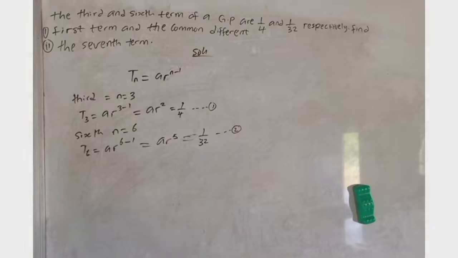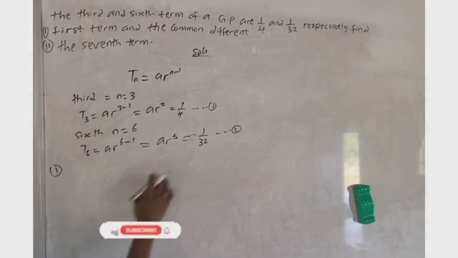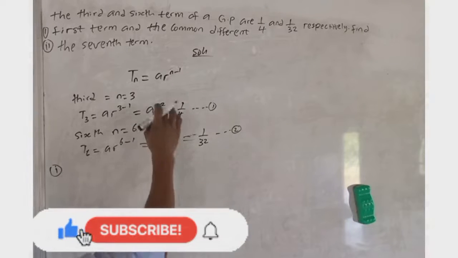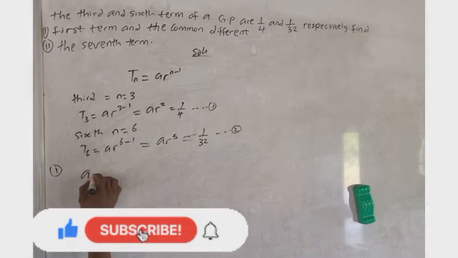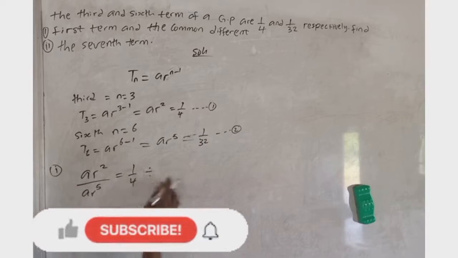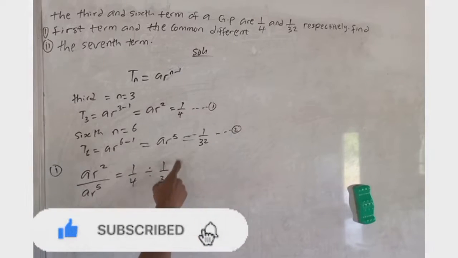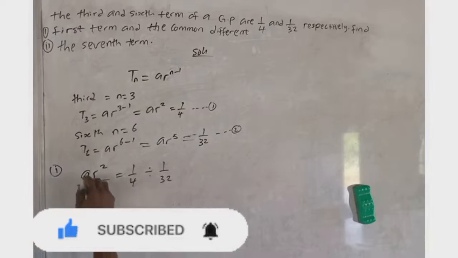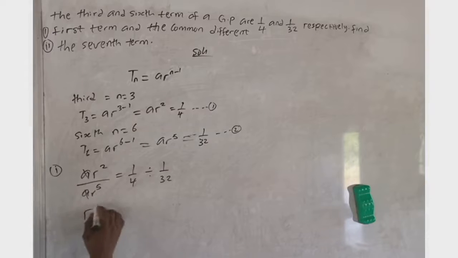So ar raised to power 5 divided by ar squared is equal to 1 over 4 divided by 1 over 32. The division can easily change to multiplication by taking the inverse of the second side. Here the a cancels a.